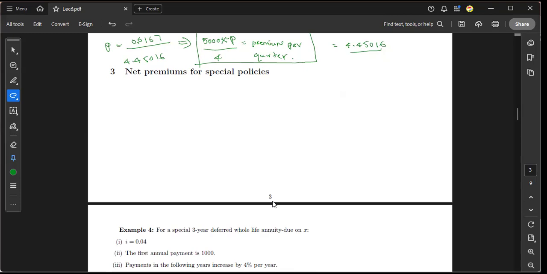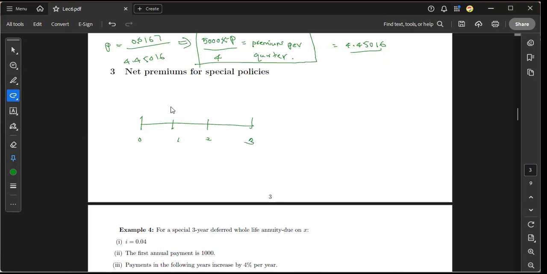But in the special case, now the benefit is different and also the premium is different. We can say, suppose we have a 3-year special term insurance.